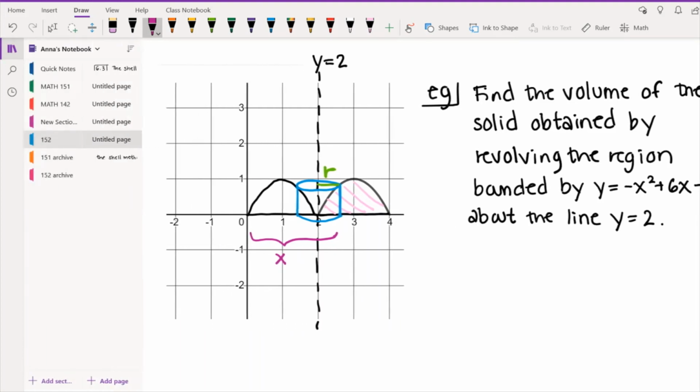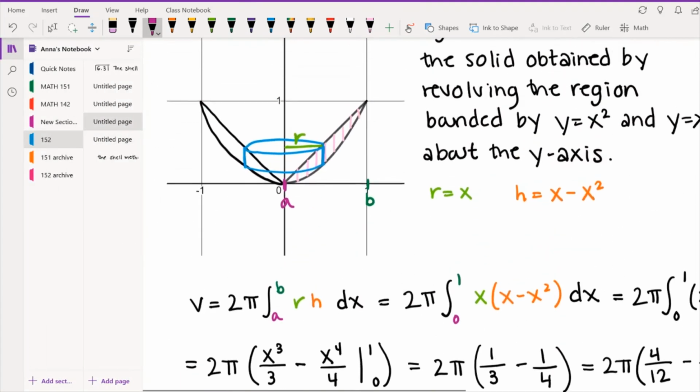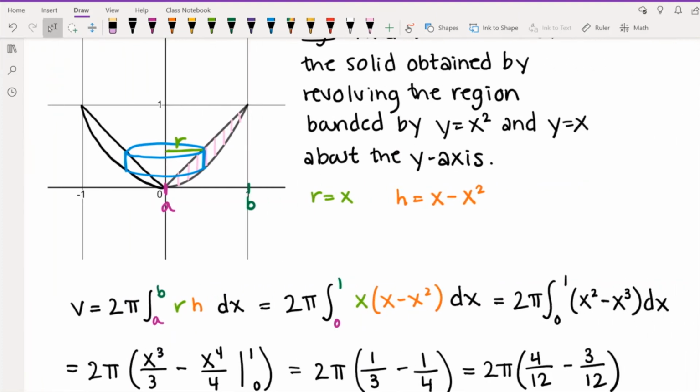It was in this earlier example. Let's go back and look at it. Why was x the same as the radius in that example? Because we were revolving around the y-axis. The axis that you're revolving around is where you're measuring the radius from. If you're revolving around x is equal to 0, which is the y-axis, then the distance from that axis of rotation to the edge of the cylinder is the same as the x coordinate.